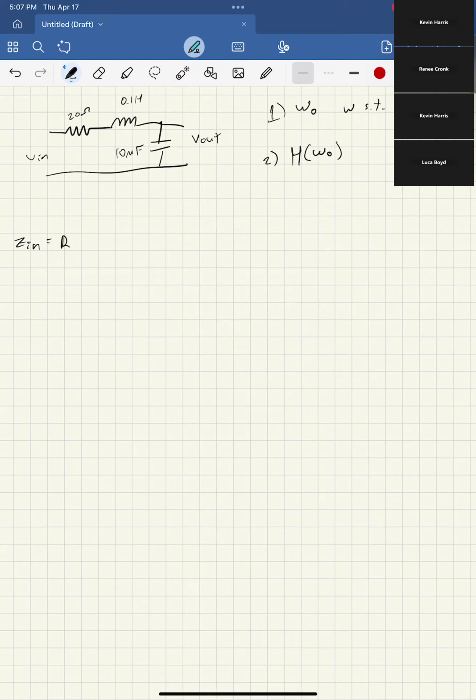So it's just R plus j omega L plus or minus j over omega C. And then this will equal R plus j omega L minus 1 over omega C. And then we want to find when the imaginary part of this is 0. And I did this exact thing earlier. So you end up getting that omega naught equals the square root of 1 over LC.